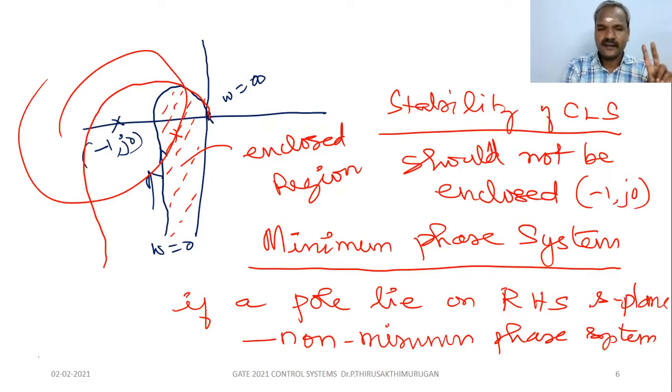We will discuss it in detail when we deal with the Nyquist plot. The Nyquist plot will give the closed loop system stability, based on how many times it encloses the point -1, j0.